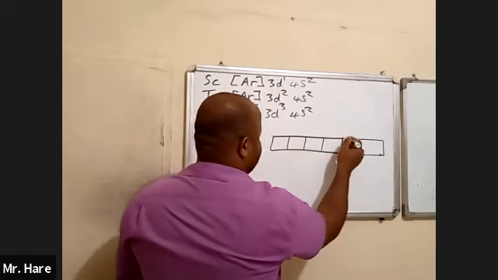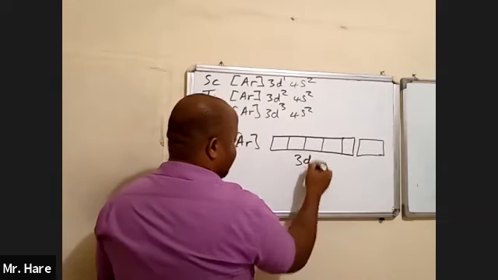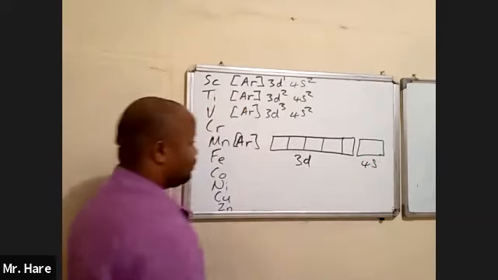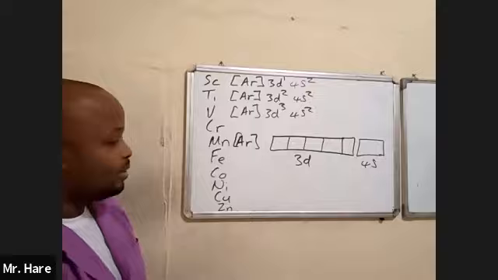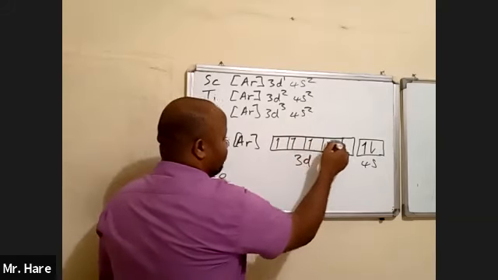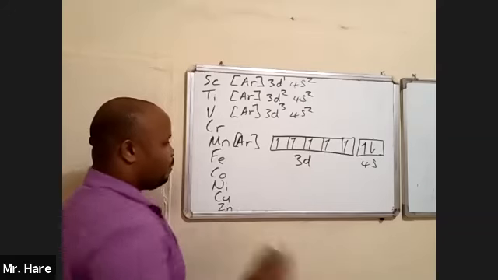So that will be the 3d, and that will be the 4s. Manganese, what's the atomic number? 25. So 4s2, and we fill the orbitals singly first. So that is manganese, Mn.